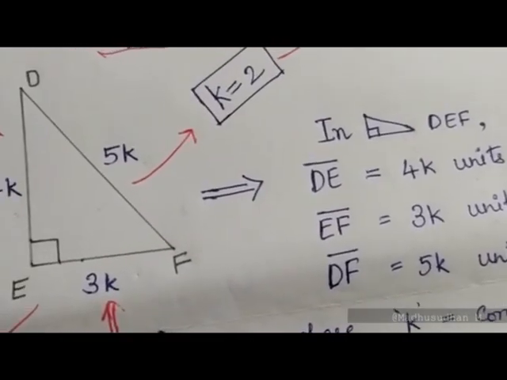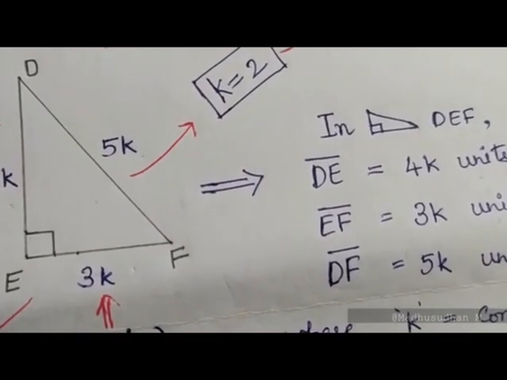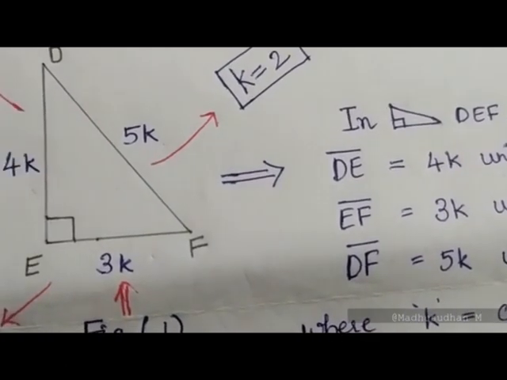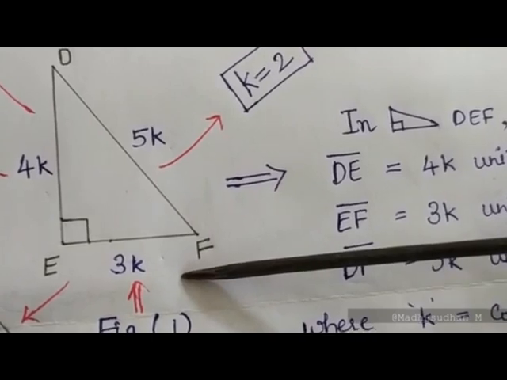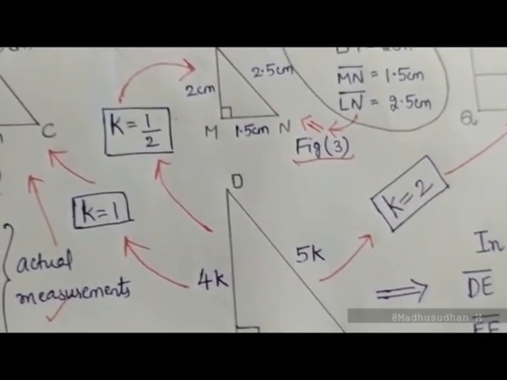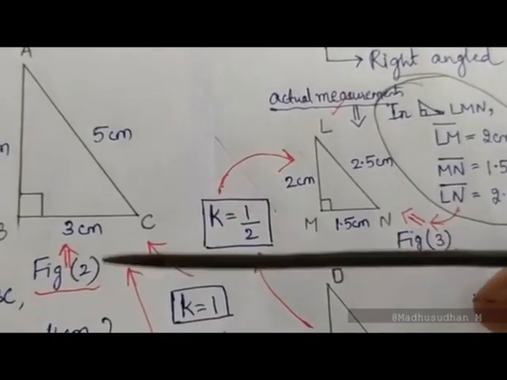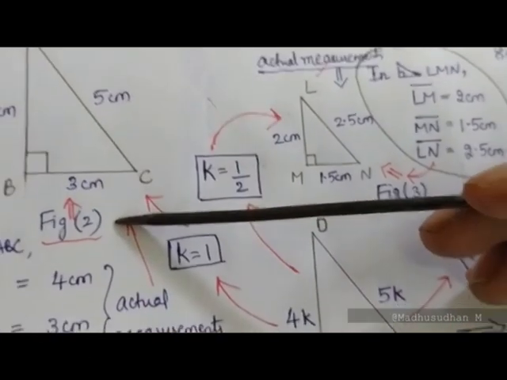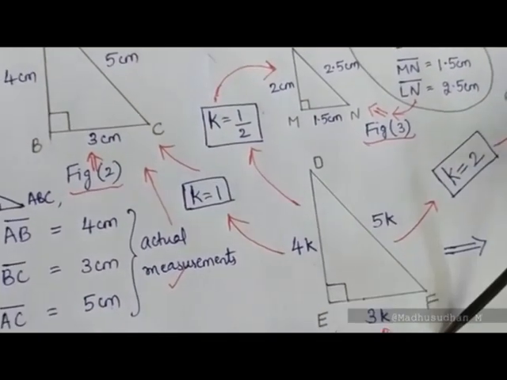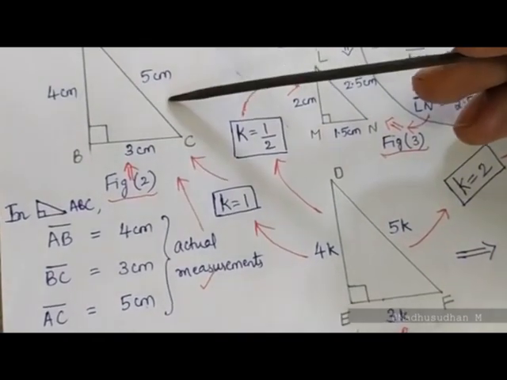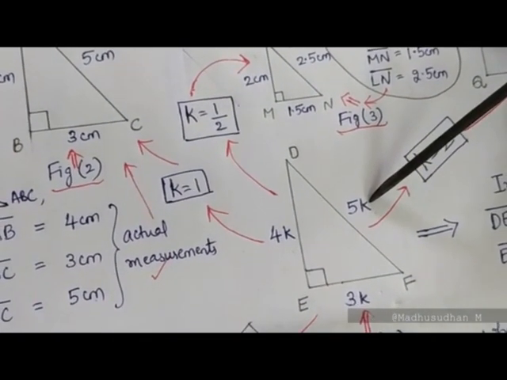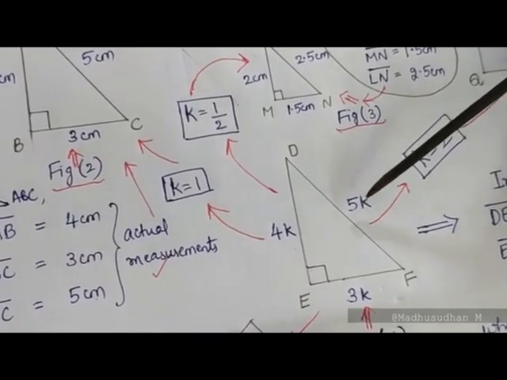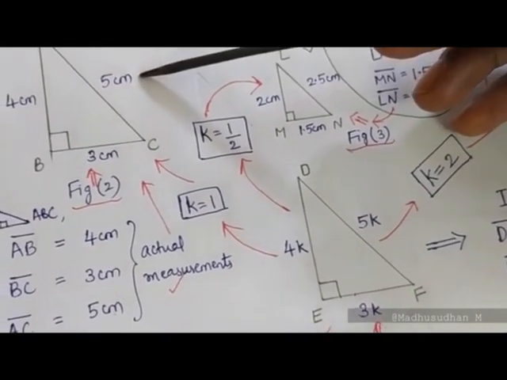So in this figure 1, what you are observing, if I compare this figure 1 right angled triangle with the figure 2 here, when this K constant of proportionality is exactly equal to 1, so 5 into 1, I get exactly 5 centimeters.